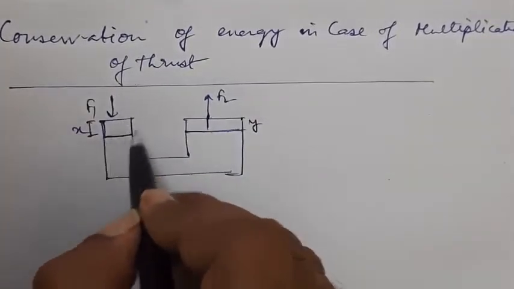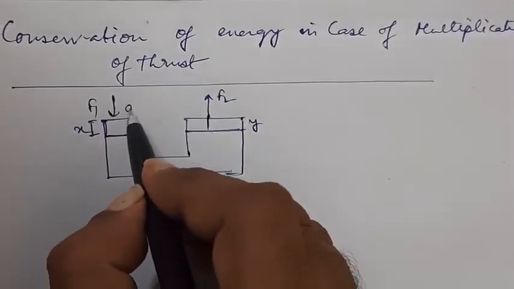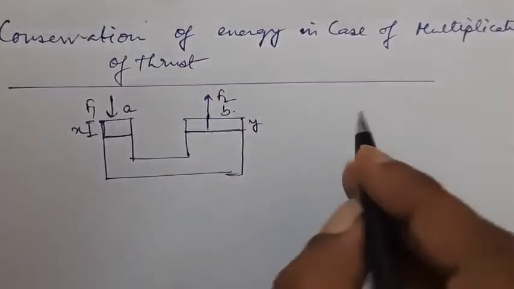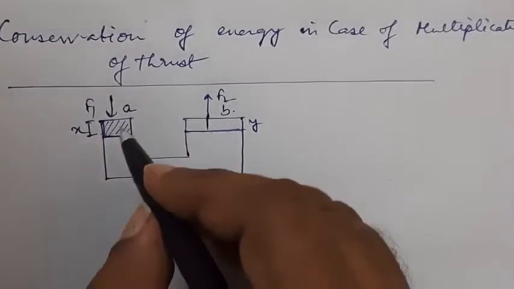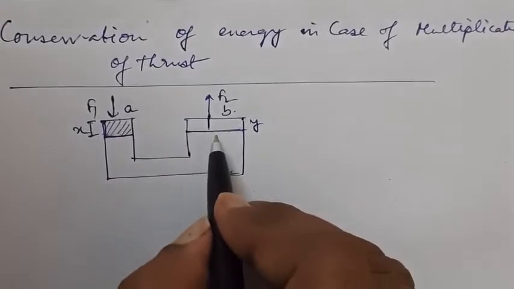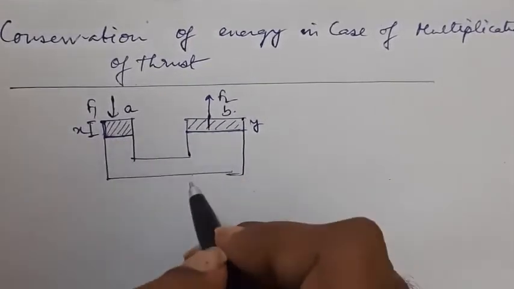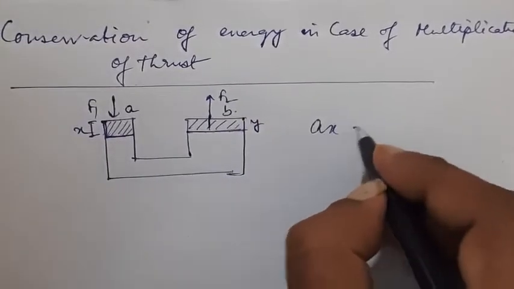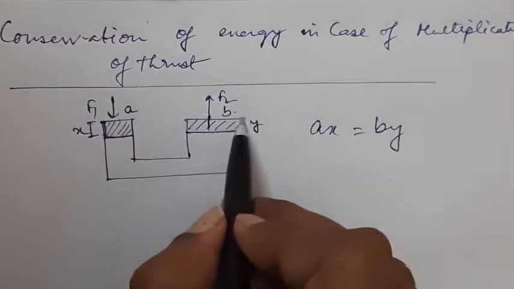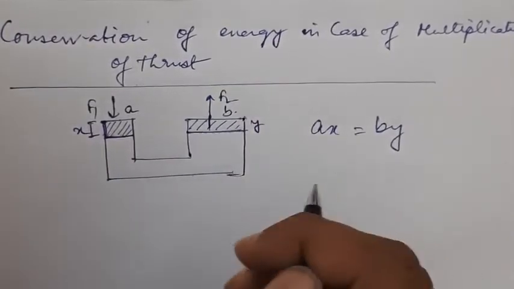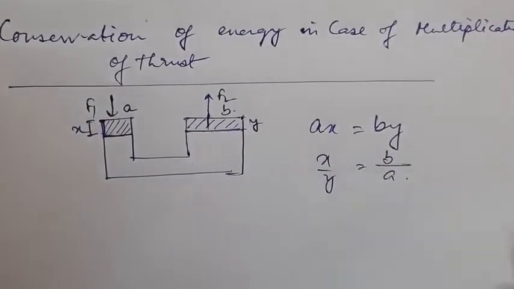Take the areas of cross section as A and B. The volume of liquid that has gone down and the volume that has gone up in the second piston must be the same. So we can write A x = B y, area of cross section into length. From this we get x by y is equal to B by A.